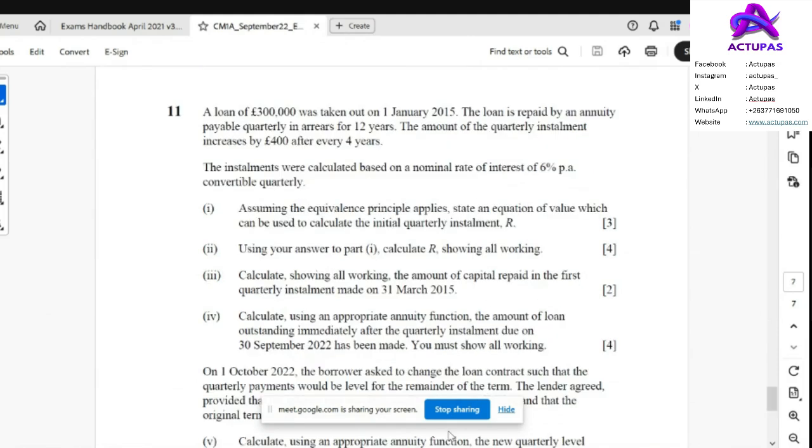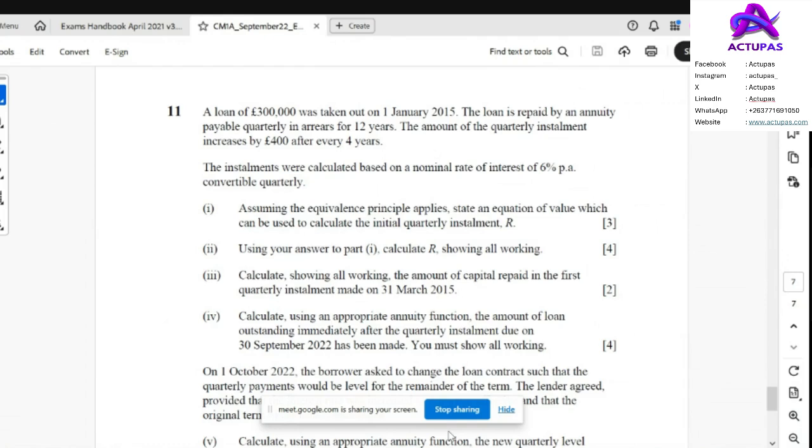Our last question is September 2022, question 11, and it reads, a loan of £300,000 was taken out on 1 January 2015. The loan is repaid by an annuity payable quarterly in arrears for 12 years. The amount of the quarterly installment increases by £400 after every 4 years.